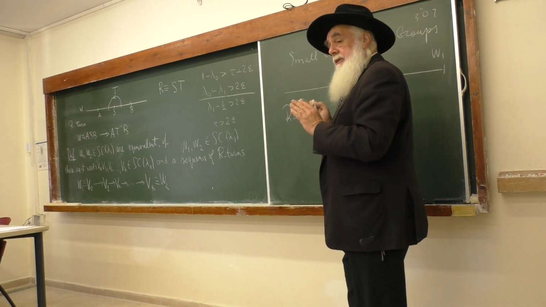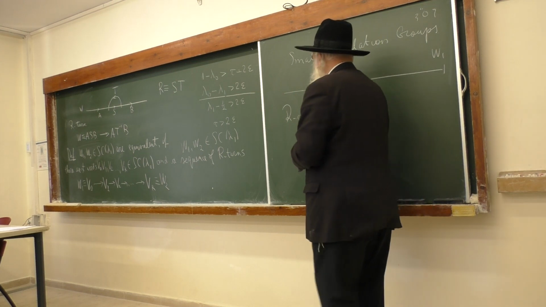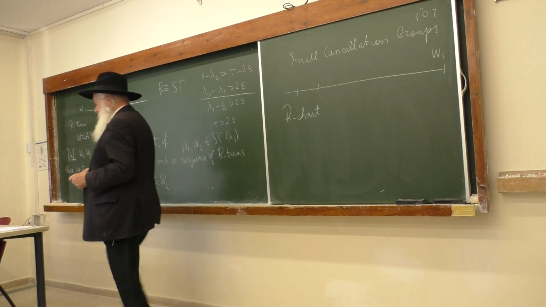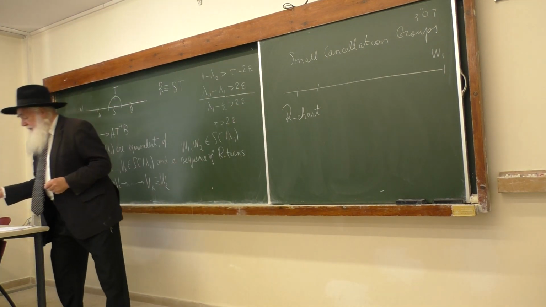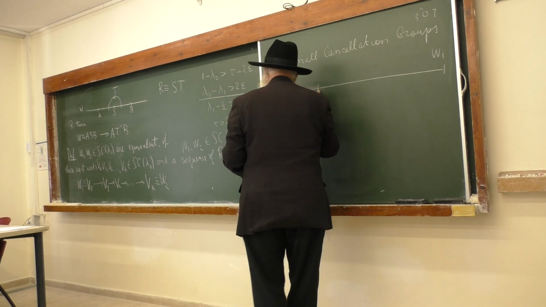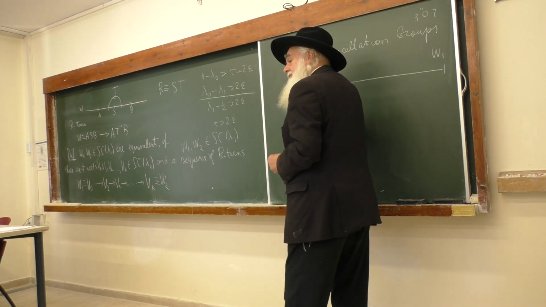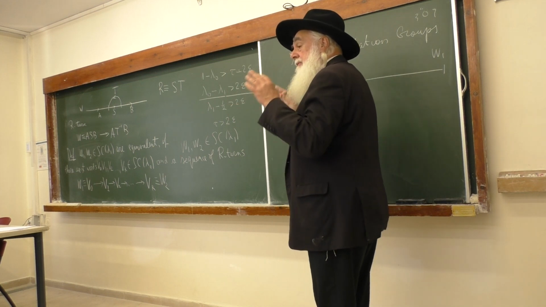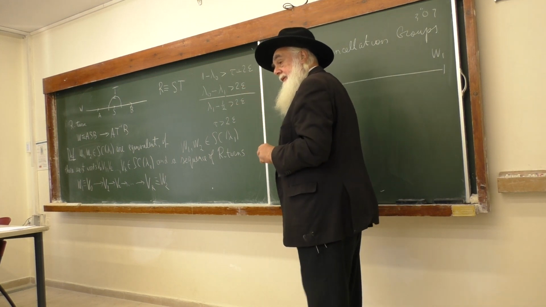Tau is our threshold. By maximal subrelator I mean this word itself is a subrelator, but if we add even one letter at the beginning or the end, this will not be a subrelator any more.